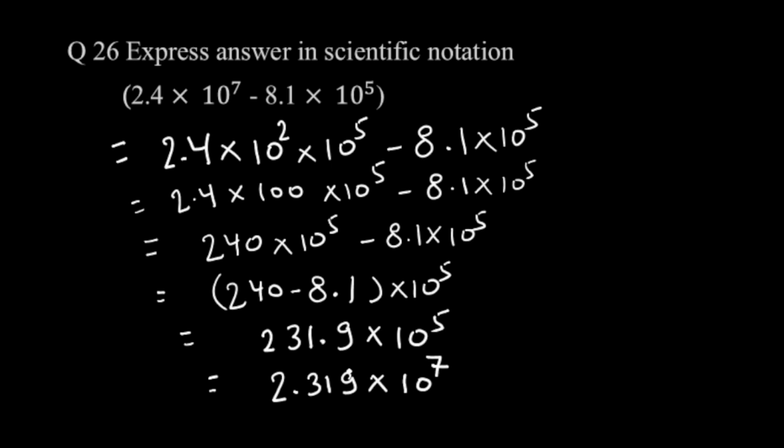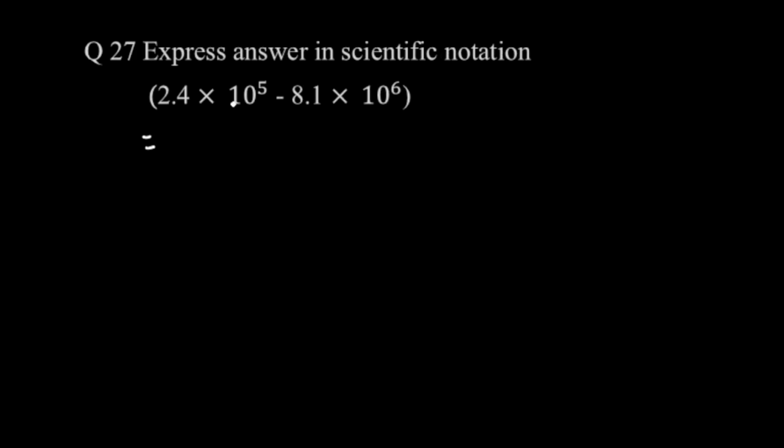Now practice some question. 2.4 multiply 10 to the power 5 minus 8.1 multiply 10 to the power 6. In this question we have different power. One have 10 to the power 5 and another have 10 to the power 6.